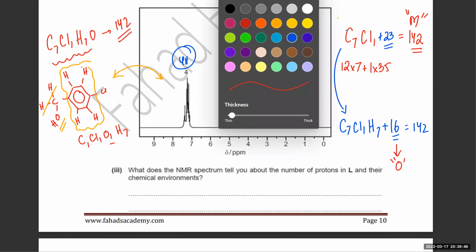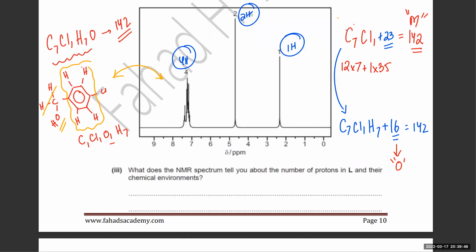The other versions would be, the benzene is there, right? So maybe there's a Cl, there's an OH over here, and this one has 3 H's, and the benzene has, no, just 3.